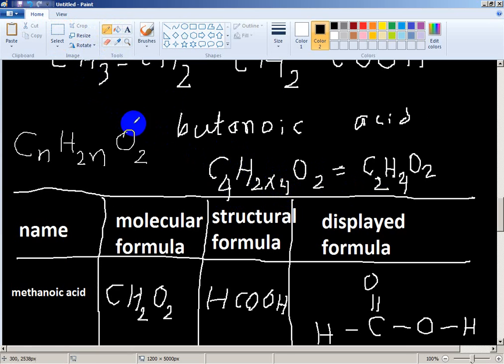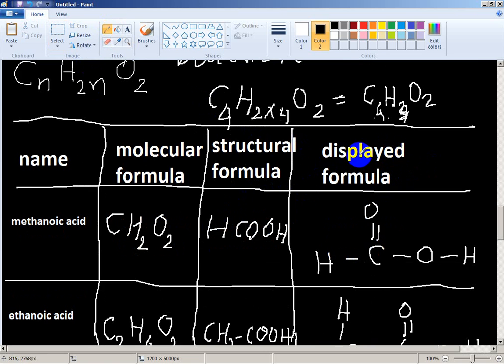That means here the carbon will be 4, and hydrogen is 2 into 4, so 8 hydrogen.